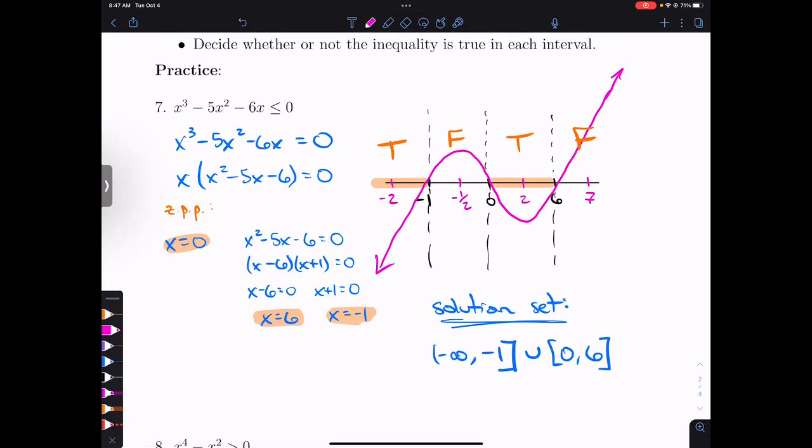Figure out where the zeros are, then figure out what happens around them. But then write down your answer, right? So if you're good with the big picture idea of how we're solving inequalities, this shouldn't really be anything new except for the first part where you're solving stuff.